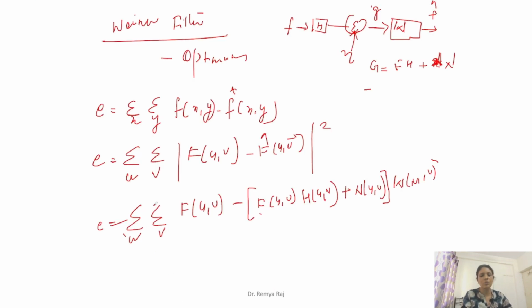Now I can write the error. Instead of u comma v, I'm removing the u comma v for simplicity of the derivation and taking only the letters. So E is sigma u sigma v of f minus (fh plus n) into w, the whole square. What is my objective?